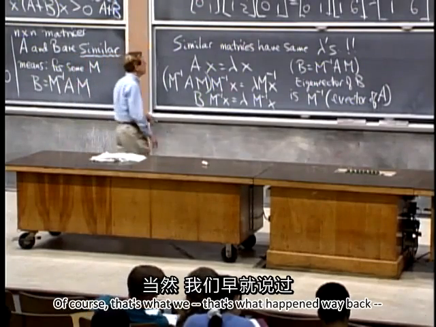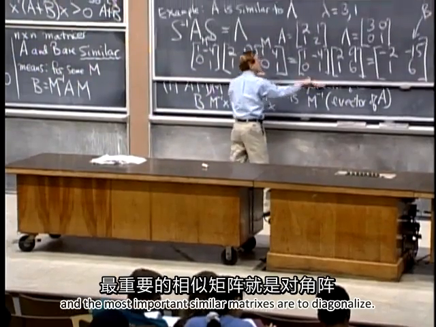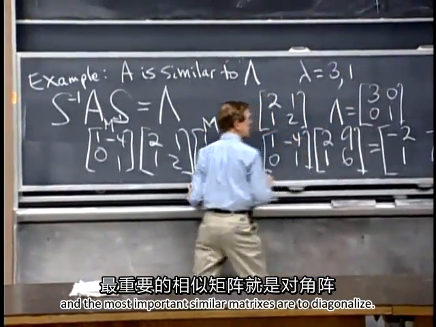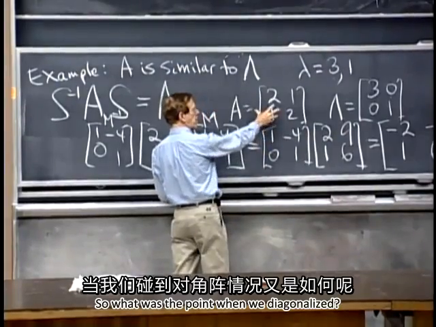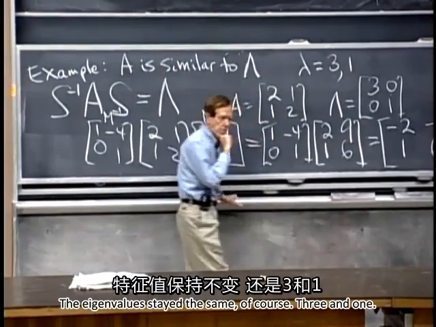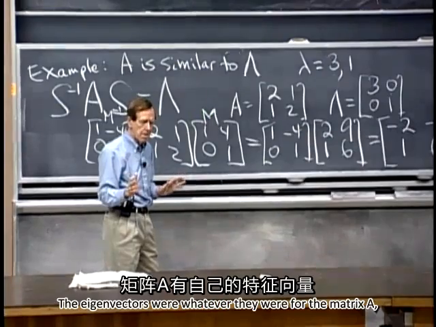Of course, that's what happened way back with the most important similar matrices, the ones that diagonalize. So what was the point when we diagonalized? The eigenvalues stayed the same, of course, 3 and 1. What about the eigenvectors?